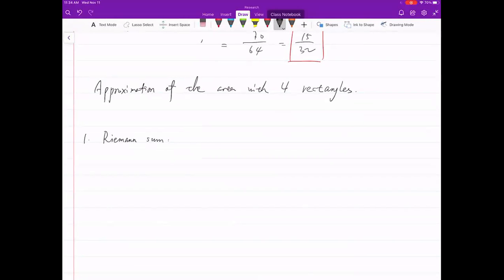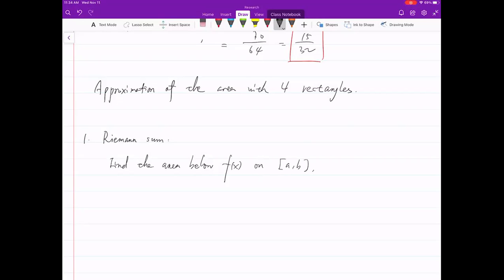This is what you have. You want to find the area below f(x) on an interval AB.